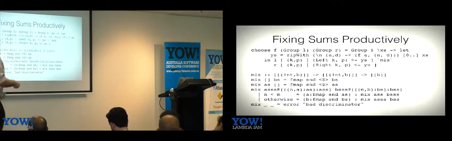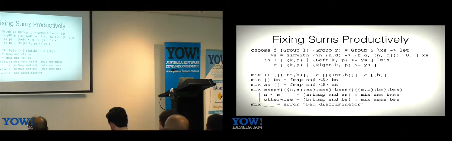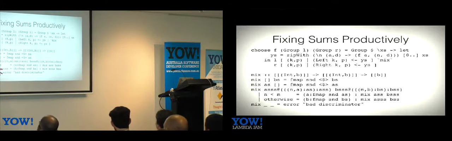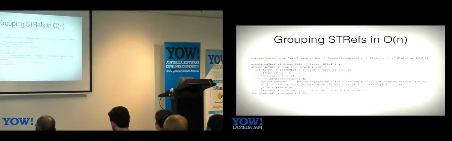All right. Okay. So we can fix sums productively by doing that same tagging trick. And by working here, this actually has a productive story. We can do discrimination on pointers, which we know we can't have an ordering on, by saying I can discriminate on addresses.